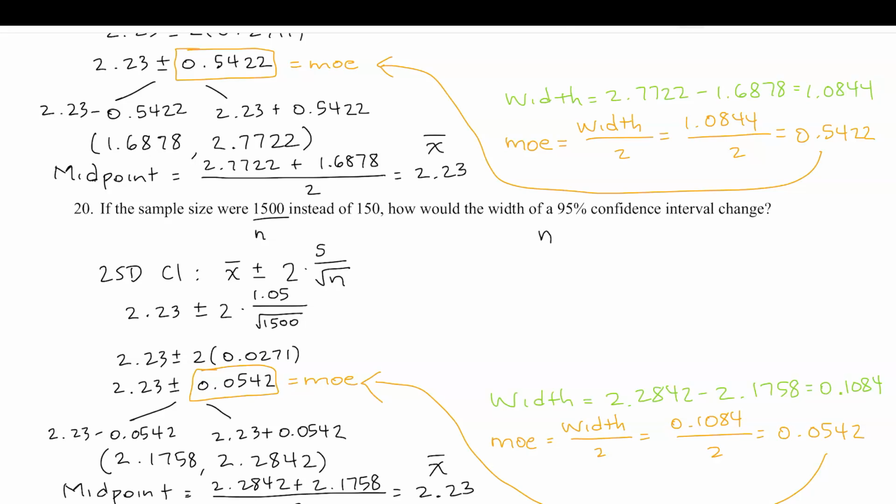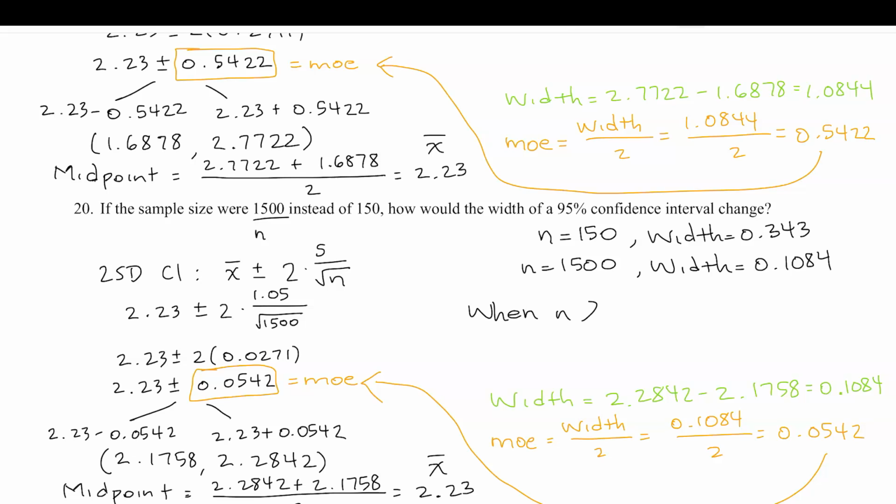Okay, so let's see what happened. My original sample size was 150, and the width of my confidence interval was 0.343. Now I have increased my sample size to 1500, and the width of my confidence interval has gone down to 0.1084. So my sample size went up, increased, and my width went down. So this is what I was starting to say before.